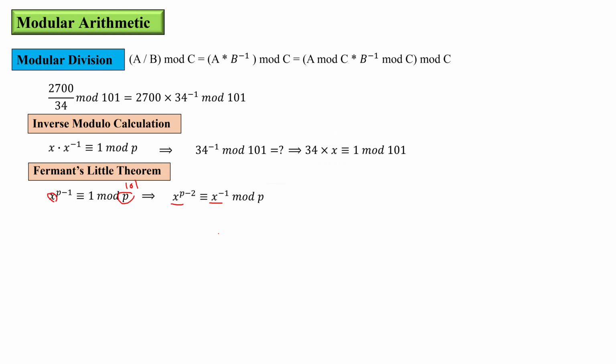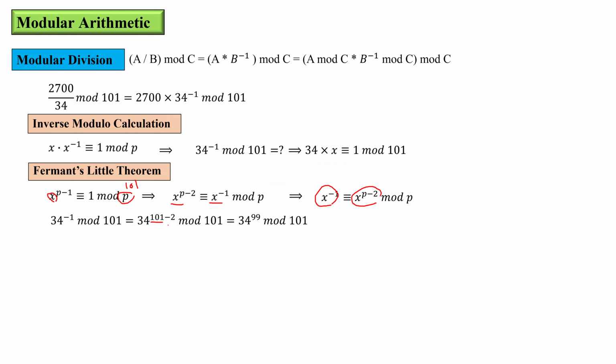minus 1 on the left side, and x to the power of p minus 2 on the right side. This formula says that if you are seeking x to the power of minus 1, you should compute x to the power of p minus 2. So for our example, if you want to compute the inverse of 34, which is 34 to the power of minus 1, we need to compute 34 to the power of p, which is 101, minus 2.